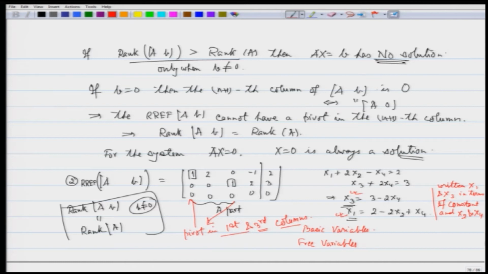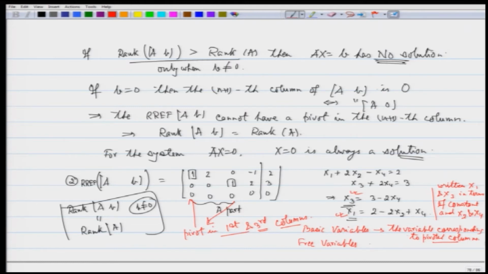What are basic variables? The variables corresponding to pivotal columns. In this example, pivotal columns are 1 and 3, so the basic variables are x1 and x3.